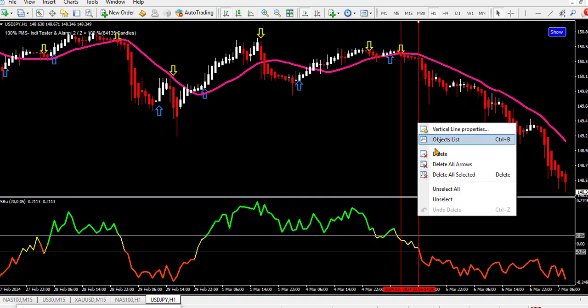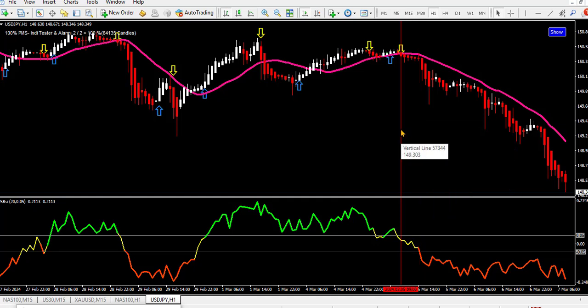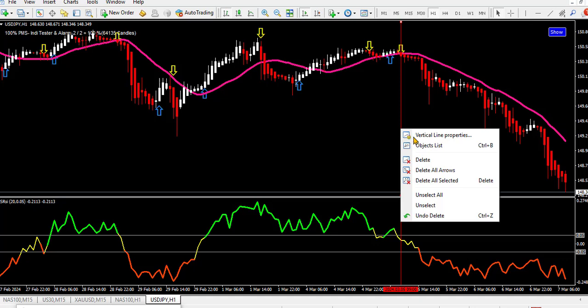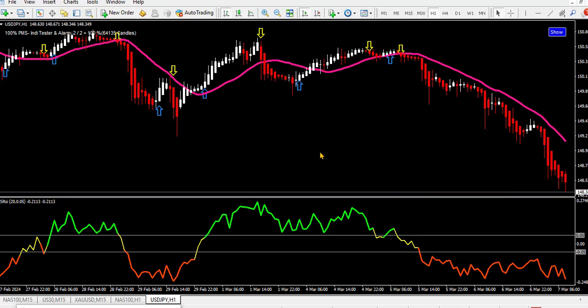Let me delete this vertical line I have on my chart. Now this is how to use this. We have the moving average here. The candle must close below the moving average for a sell, and for a buy it must close above the moving average.